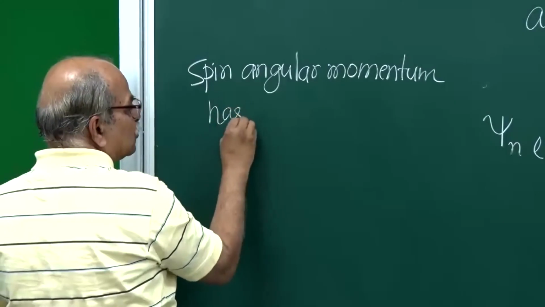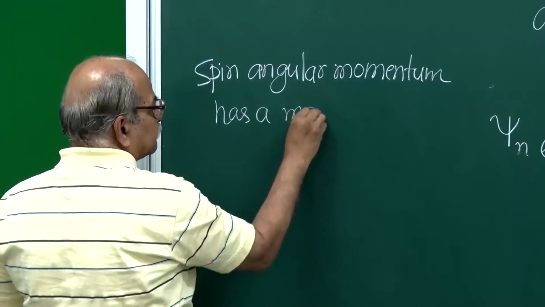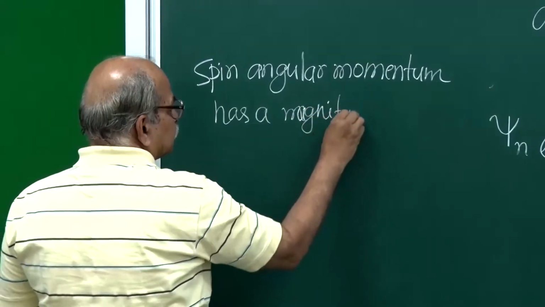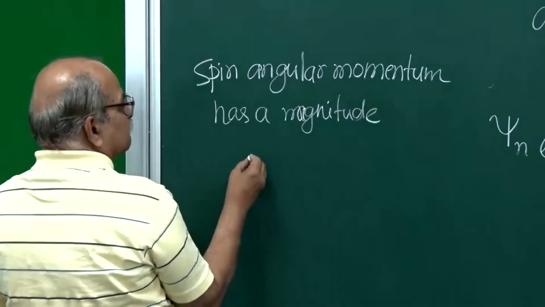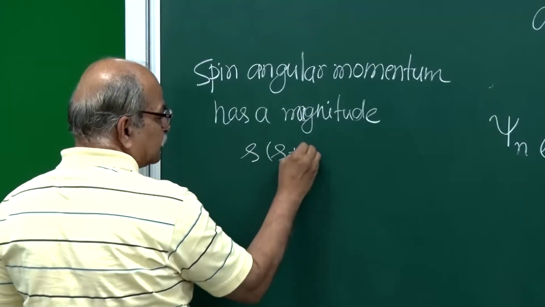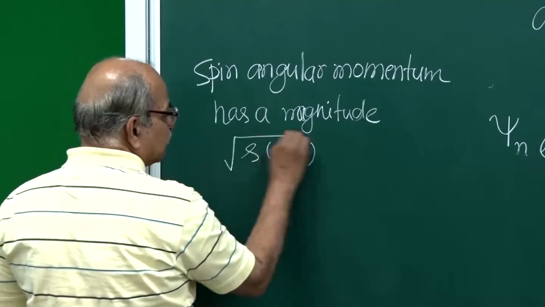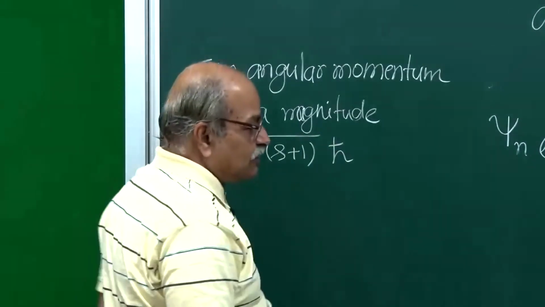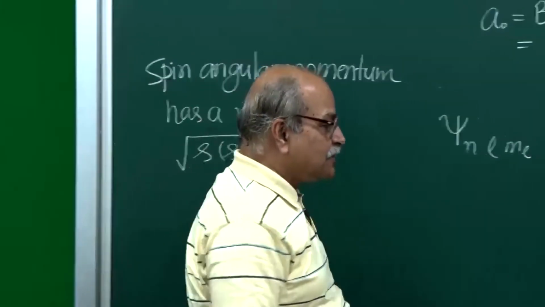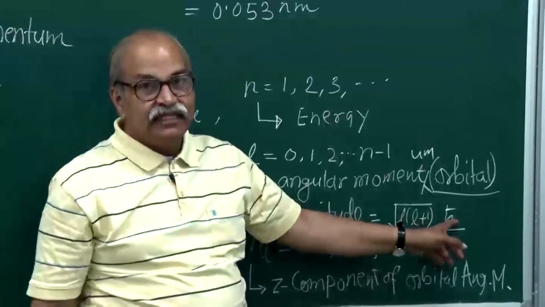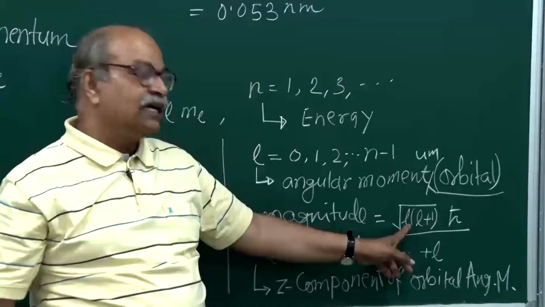This spin angular momentum has a magnitude which is square root of s into s plus 1 times h cross. This is that magnitude. For orbital angular momentum, the magnitude is square root of L into L plus 1 times h cross, and this L can take values.